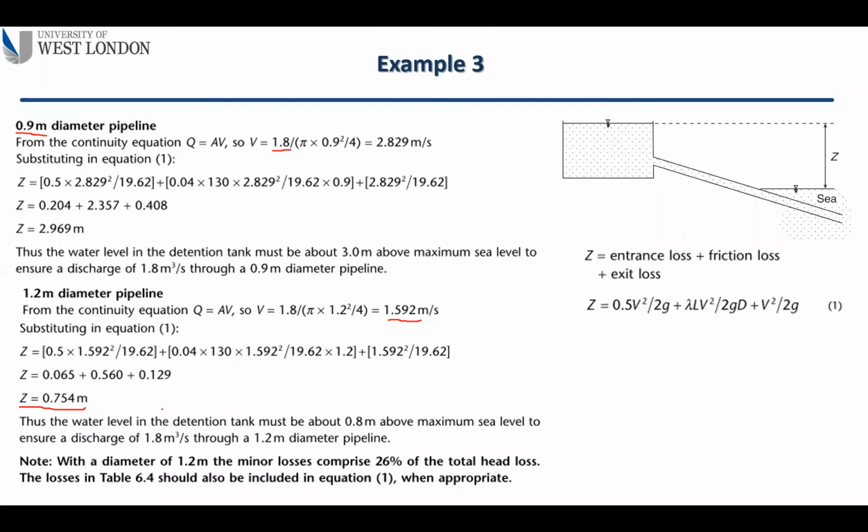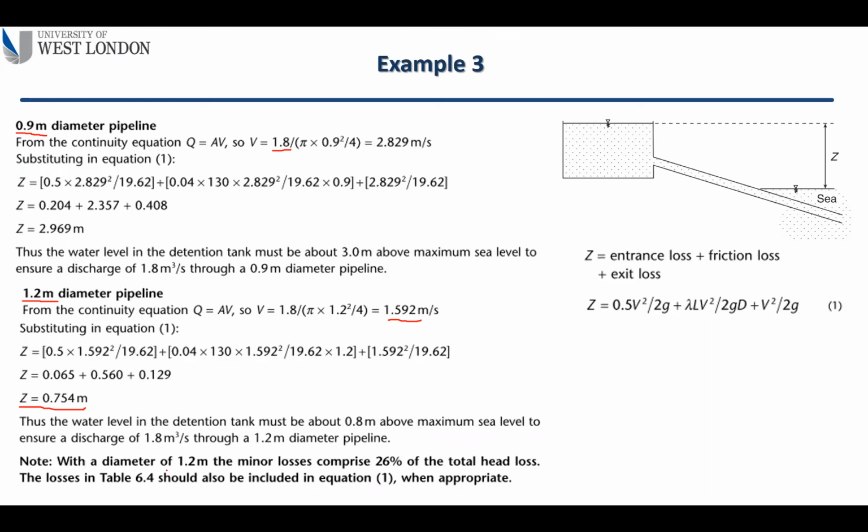Just compare these values: almost 0.8 meters compared to 3 meters, you can see something around 4 times smaller. By increasing the size of the pipe from 0.9 to 1.2 meters, you can easily reduce the water level required to discharge this amount of flow.